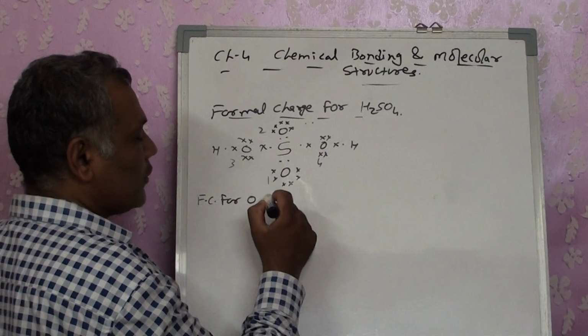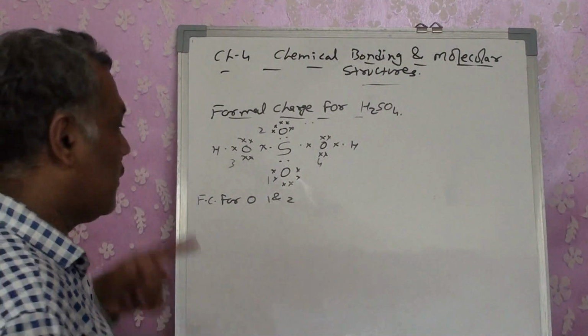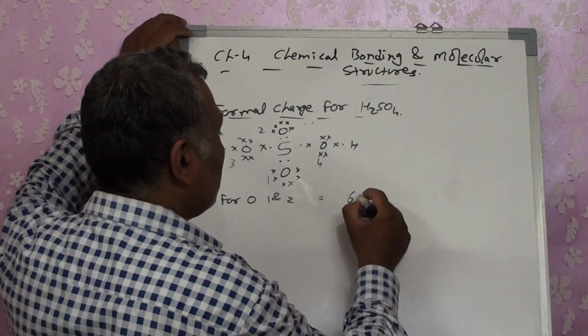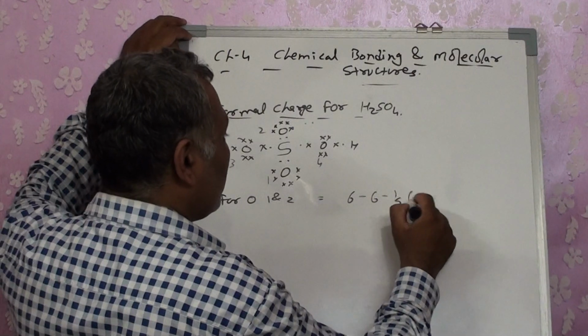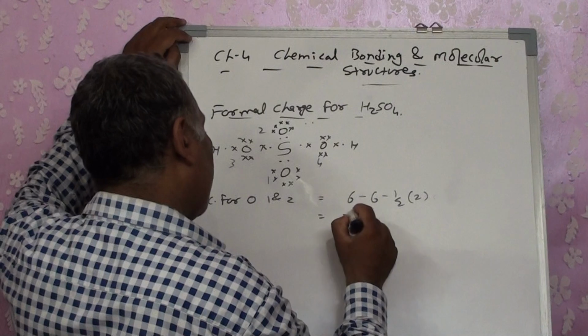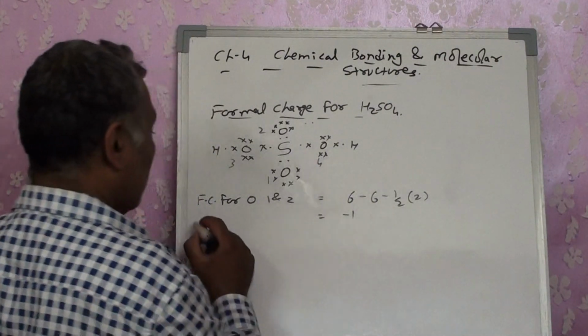for oxygen 1 and 2, because they are identical in characteristic. So what we are going to get: 6 valence electrons, minus 6 non-bonded electrons, minus 1 by 2 of the 2 paired electrons. So you are going to get a charge of minus 1, right?